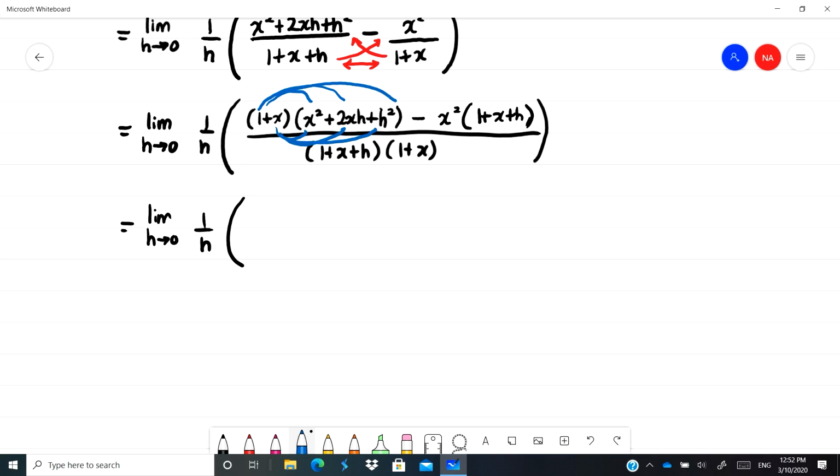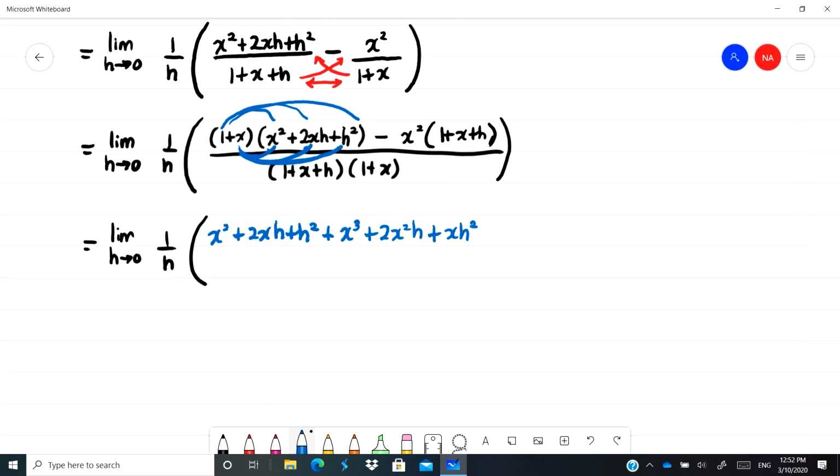So we'll have 1 multiplied by that, or x squared plus 2xh plus h squared, and now I'm expanding that x, so we'll have x to the power of 3, then 2x squared h, and then plus xh to the power of 2. Now I'm expanding this part, so I'll have minus x squared minus x cubed minus x squared h.